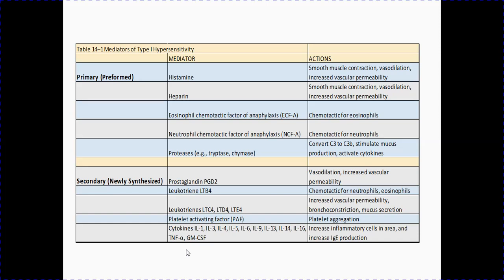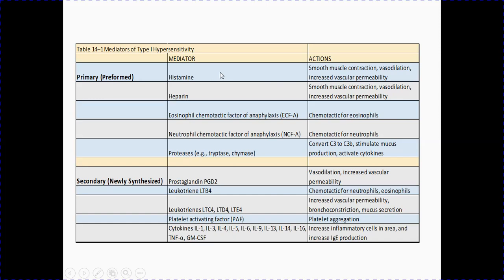As I said, there are a number of those preformed or primary mediators: histamine, heparin, something called eosinophilic chemotactic factor of anaphylaxis, or ECFA. There's a neutrophil chemotactic factor, and then we have some enzymes, some proteases. And what are the purposes of these?